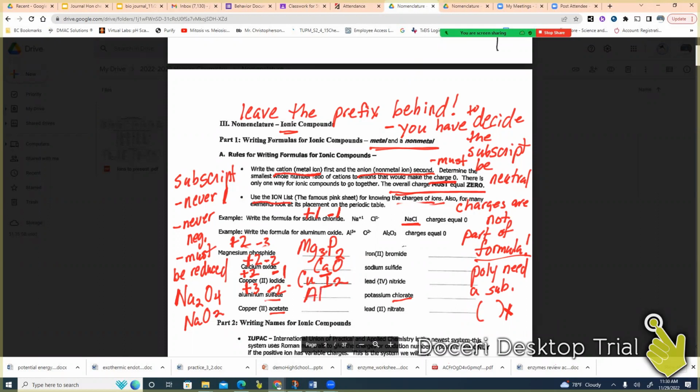And what subscript is it going to be? 2. My 2 came over here, and then my 3 is going to come over the other side. I put my sulfate, which is SO4, just like it's written on here. I got to take the whole thing. And then this one is going to need a subscript. So what am I going to put on the outside? We let the 2 come over here. So yeah, the 3 is going to come over here. So I would have a 3 on that side.